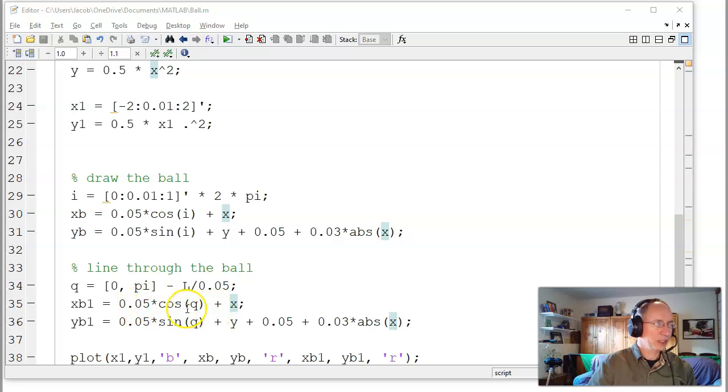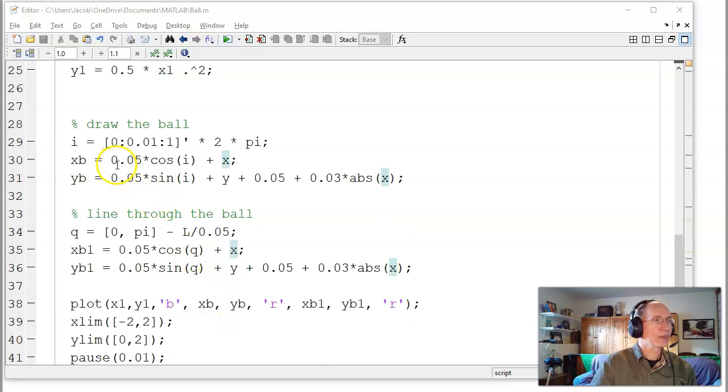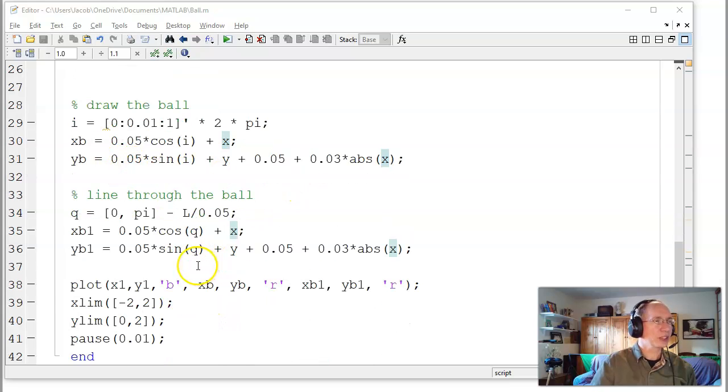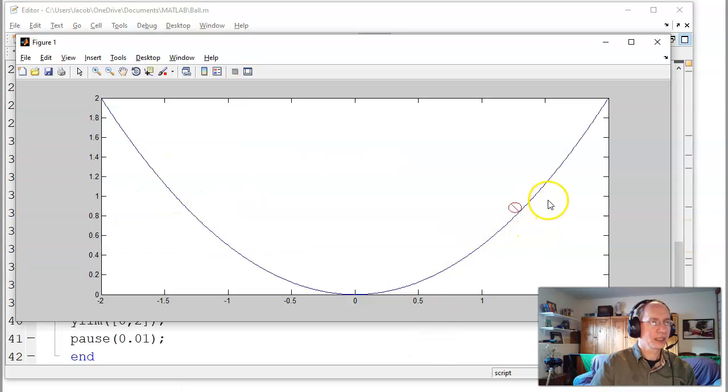The current position, sines and cosines, to draw a line. I'll also draw the ball as a circle. So draw the parabola, draw the ball, draw a line through the ball, and here's what it looks like. Hit run. Start at 1.5.